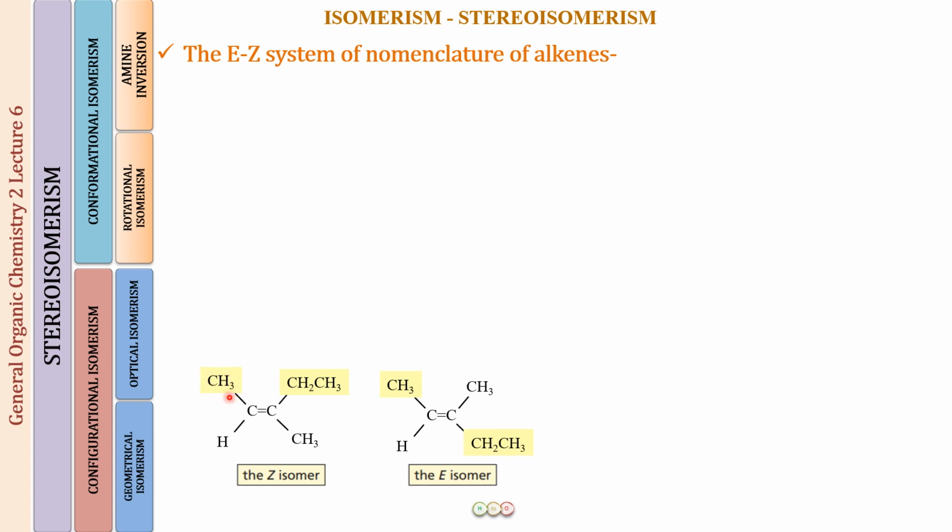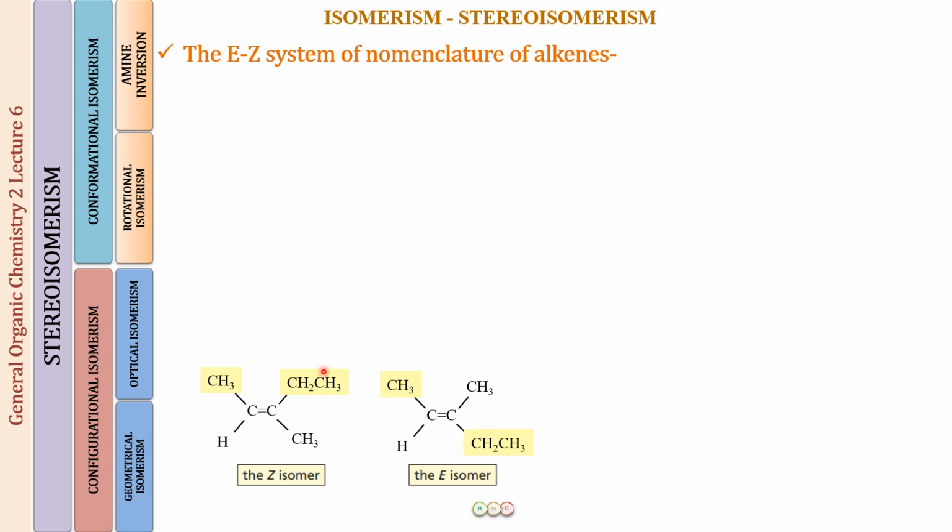Now on the other side, we have an ethyl group and a methyl group attached to the carbon. The groups are different, but the first atom attached over here is the carbon of the ethyl group, and on the other side we have the carbon of the methyl group. Because both of them are carbons, how are we going to choose which is the group of higher priority?